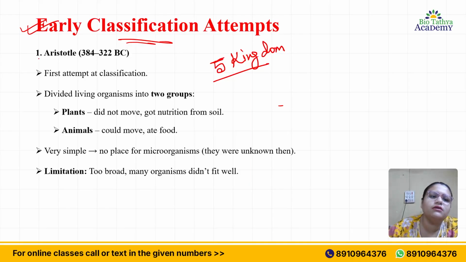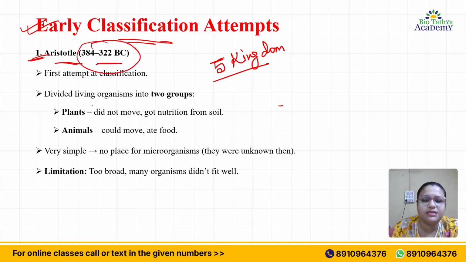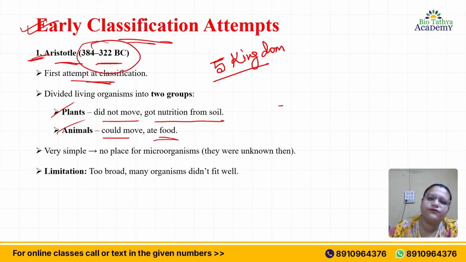So the first one to attempt this was Aristotle, in the year 384 to 322 BC. So this was the first attempt at classification. He divided organisms into two groups: plants and animals. Plants basically did not move and got nutrition from soil, and animals could move and ate food.